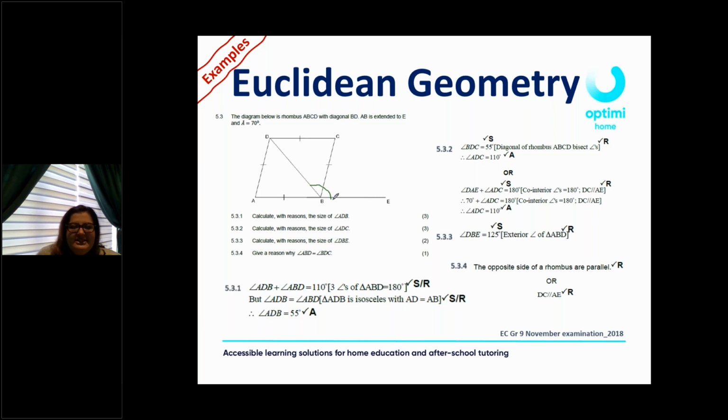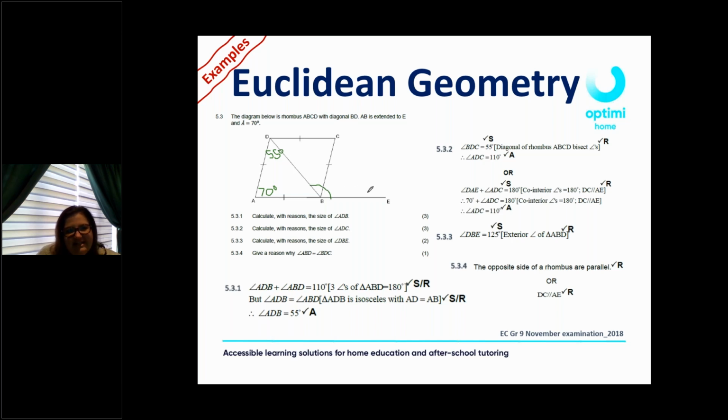So the exterior angle of a triangle is equal to the sum of the two opposite interior angles over here. It was given that A is 70 degrees, and we've calculated that angle ADB is actually 55 degrees.